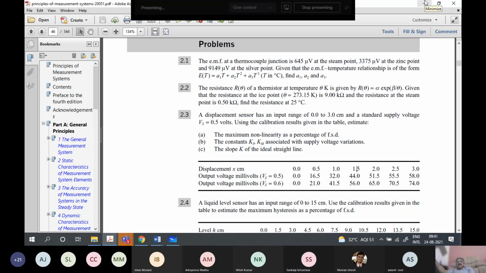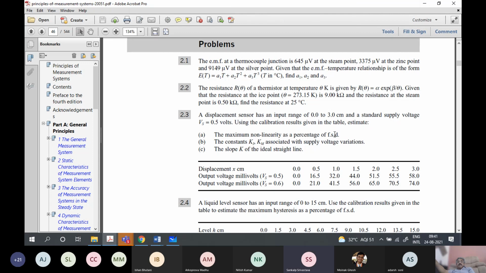Yes. But now I am complicating the problem by saying that we constitute a specification which is X% of reading or Y% of full scale, whichever is larger.